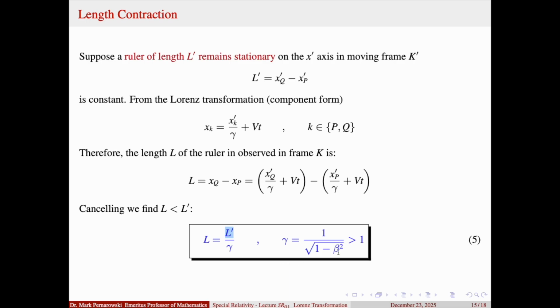And since gamma is bigger than 1, if you look at this expression, it's always bigger than 1. That means this value here is being divided by something bigger than 1, making L smaller than L prime. That's length contraction. Namely, if you have a ruler of fixed length in K prime, to the observer in K, it will appear to be shorter.